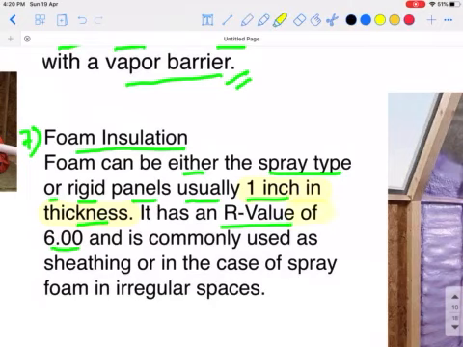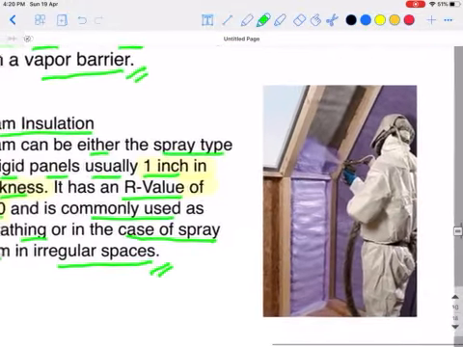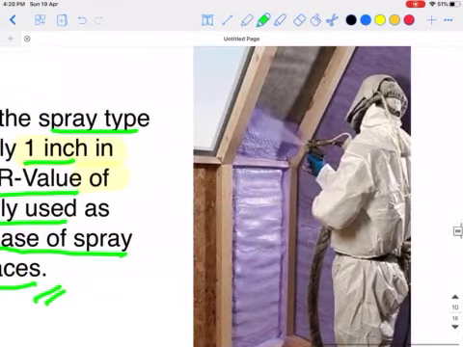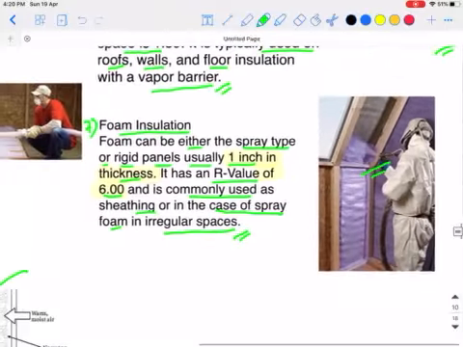It is commonly used as sheathing or, in the case of spray foam, in irregular spaces. In this image, we can see that foam insulation is used for a building.